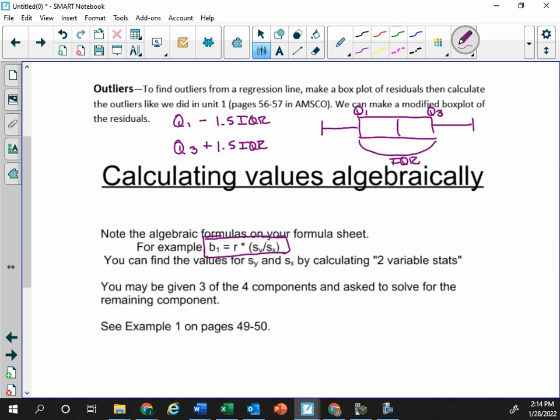So this is one of the few units where you might use a teeny bit of algebra. And that's not on page 49 and 50. You said that's how you find slope? Yes, b1 is slope, b sub 1.